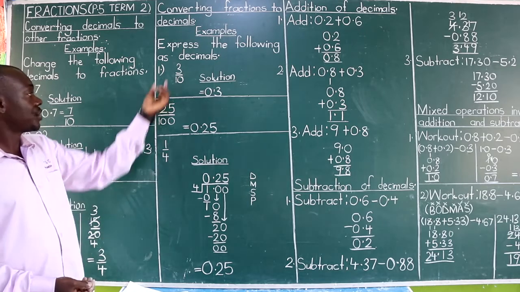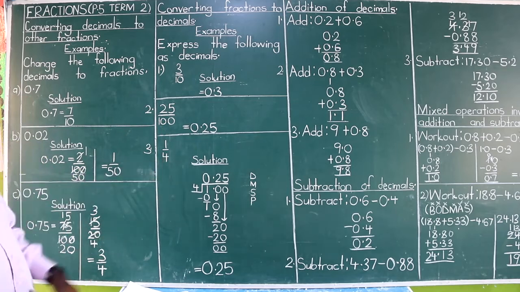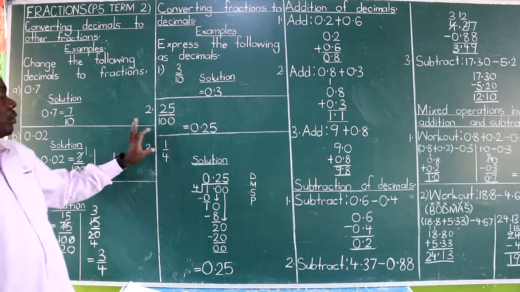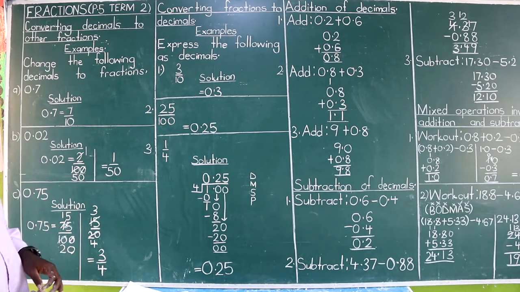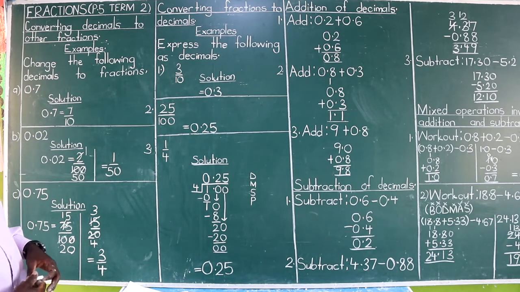So, unlike these two, which have these zeros against 1, this has the denominator 4, we cannot just convert like these ones are converted by mere knowledge of reading them.